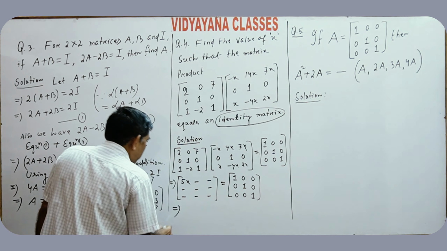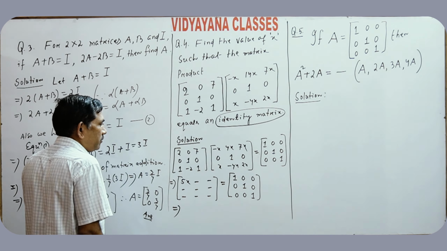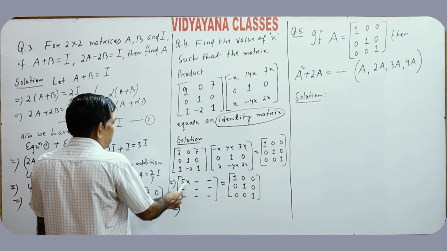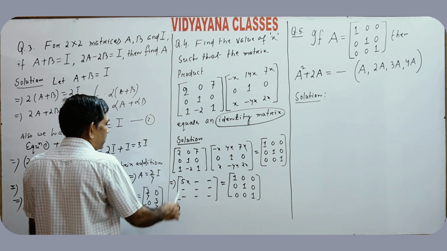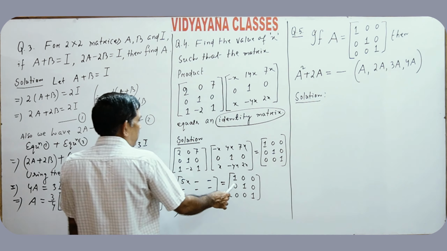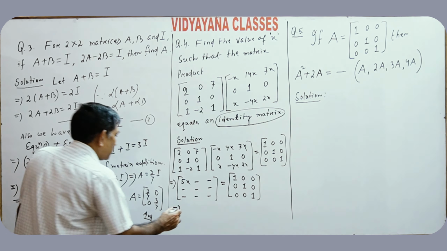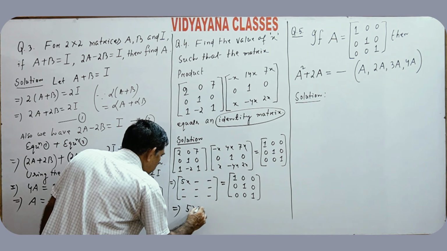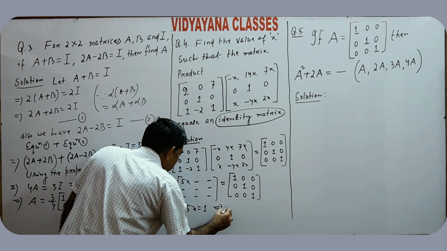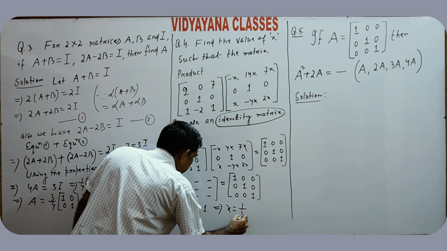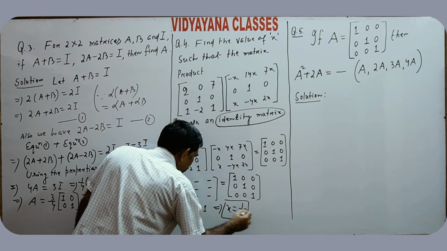Two matrices are equal if their corresponding elements are equal. On the left-hand side, A11 is 5x, on the right-hand side, A11 is 1. So 5x is equal to 1, which implies x is equal to 1 by 5. That is the answer.